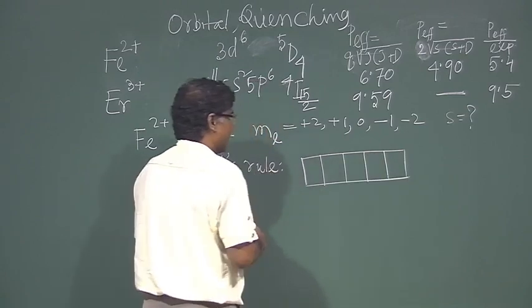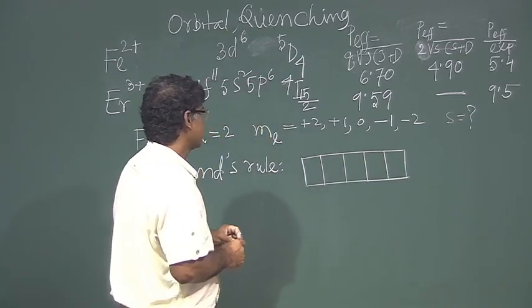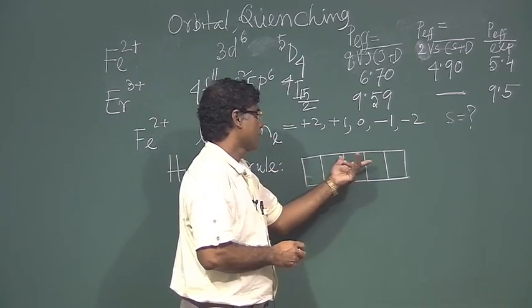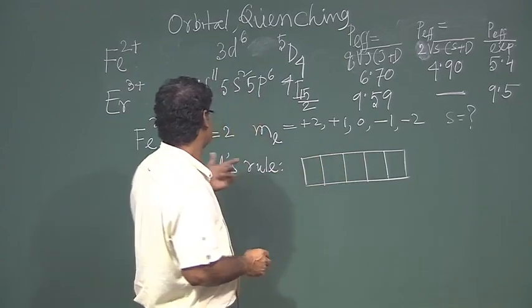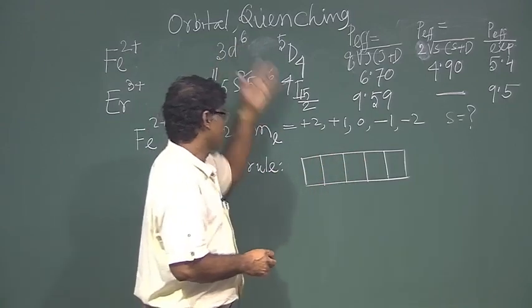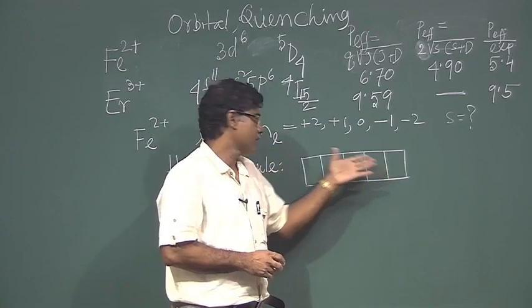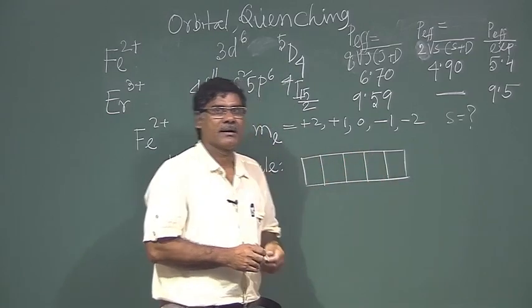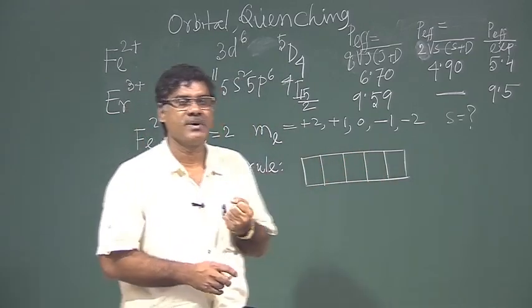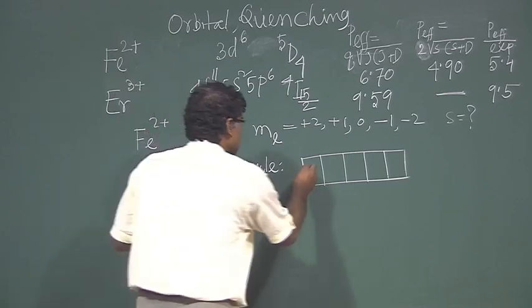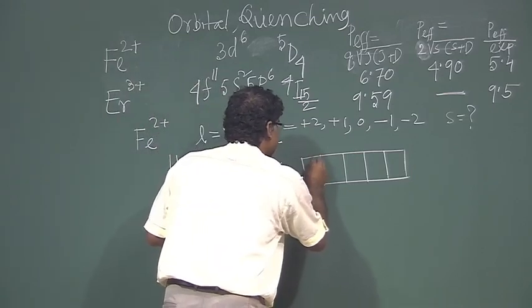Now, I have 6 electrons. So, you put these electrons in such a way that the spin will be maximum. Okay, so how to maximize the spin?